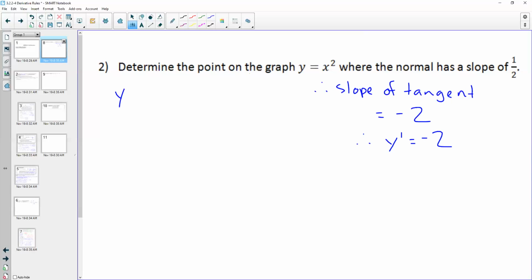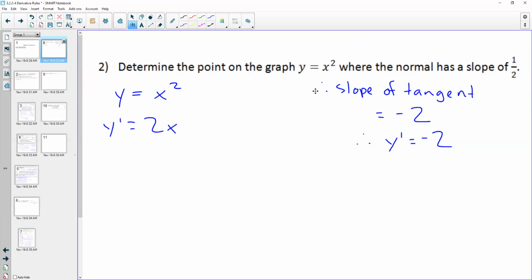So y is equal to x squared is our original function. Now, in this case, if we find y prime of that using our power rule, we will get 2x. Now, when we find the y prime of x squared and when we find the y prime using the slope of our tangent, we get different values, okay?